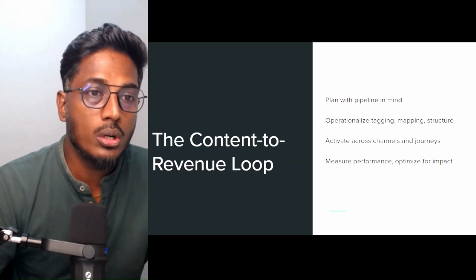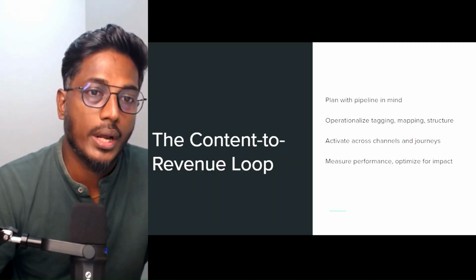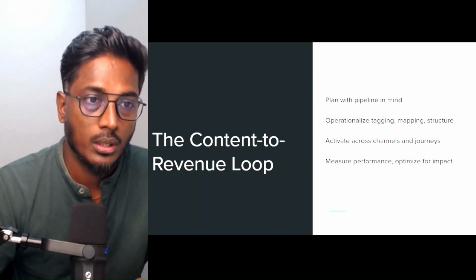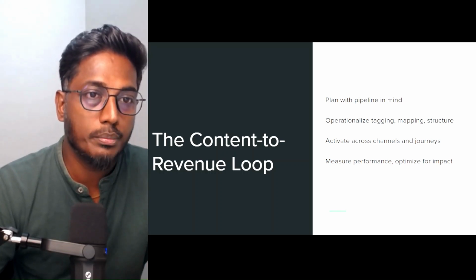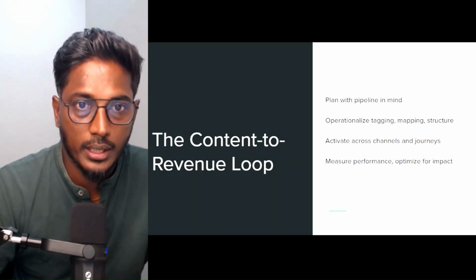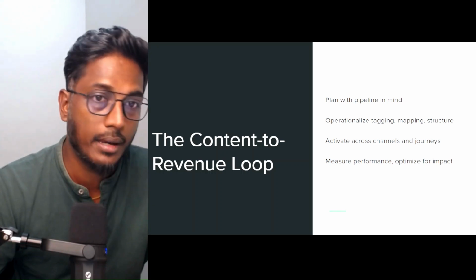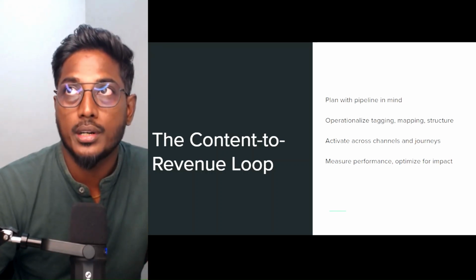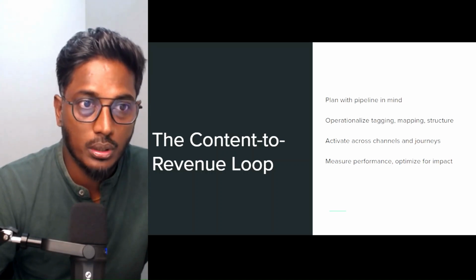So it all starts upstream, before anything is written, designed, or shipped. Most content calendars begin with marketing goals, which include thought leadership it tries to drive, traffic it tries to attract, awareness it tries to build.